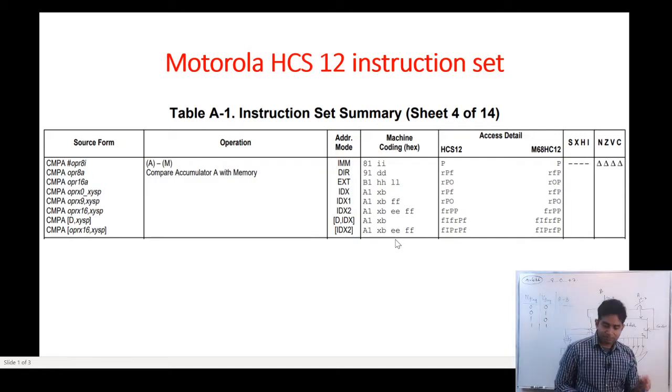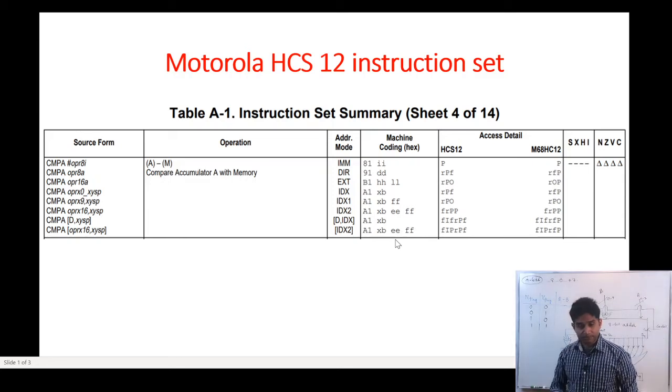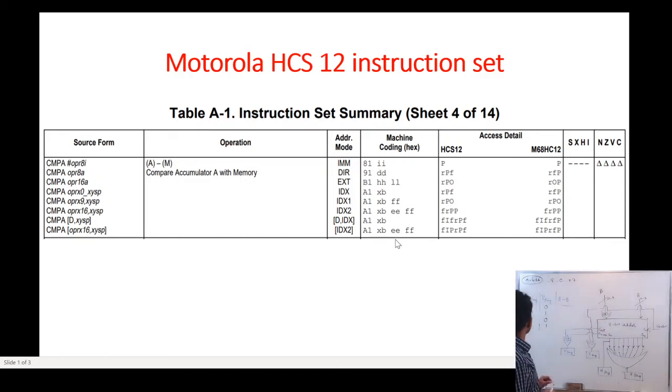A and B are signed numbers here. I do the A minus B operation. I get the N flag as 0. That indicates that the result is positive, right? Most significant bit is positive.